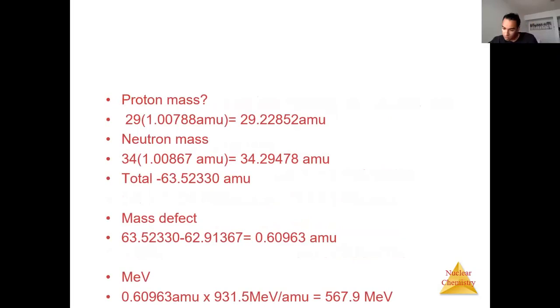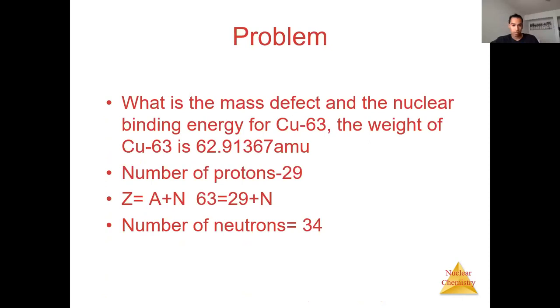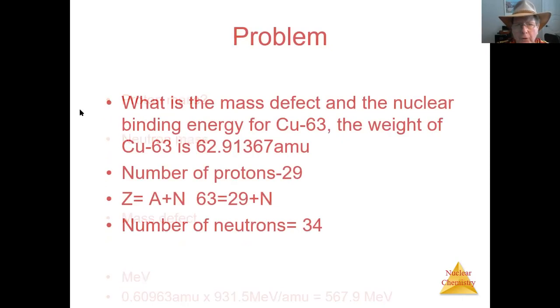Oh yeah, I'm sorry. I'm trying to figure out where the 62 came from again. You got the 62 in the original problem. The weight of copper 63 is 62.91367.